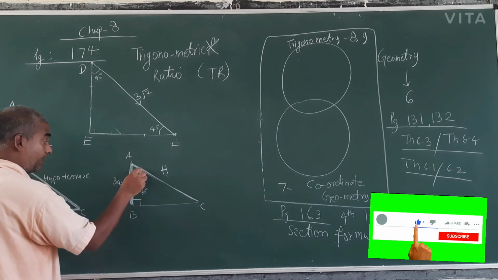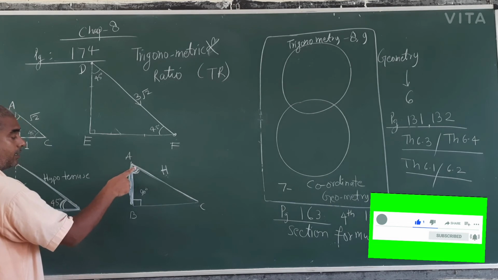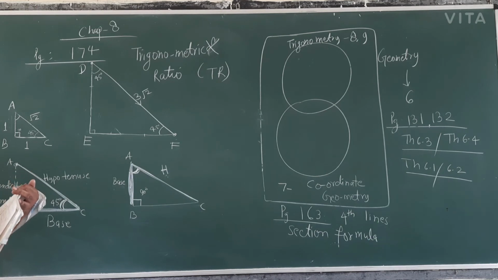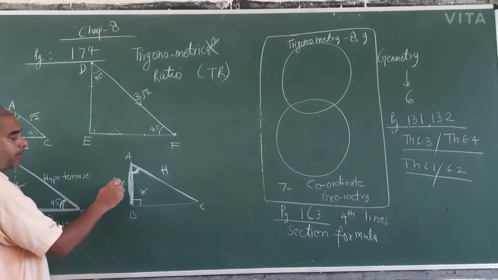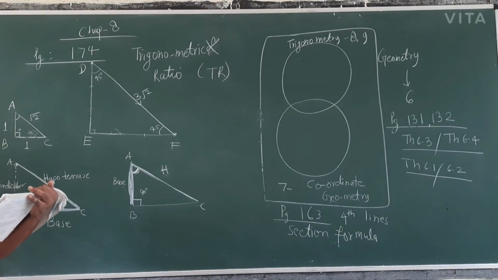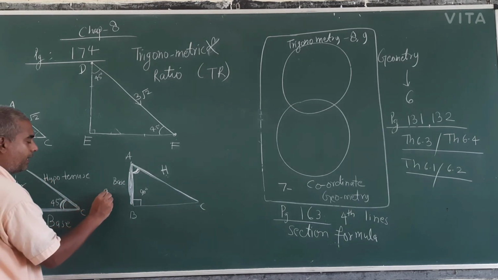For this angle, if you change the angle, that is why in the book it is written, hypotenuse, page number 174, 175. We write base and perpendicular, but in your book it is written base means side adjacent to the angle. Base means adjacent.